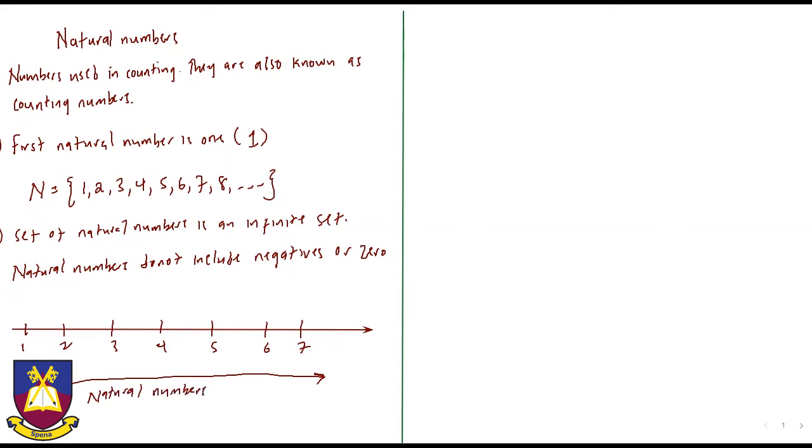Let's now take a look at whole numbers. Whole numbers are so similar to natural numbers. The fundamental difference between whole numbers and natural numbers is that whole numbers include 0.